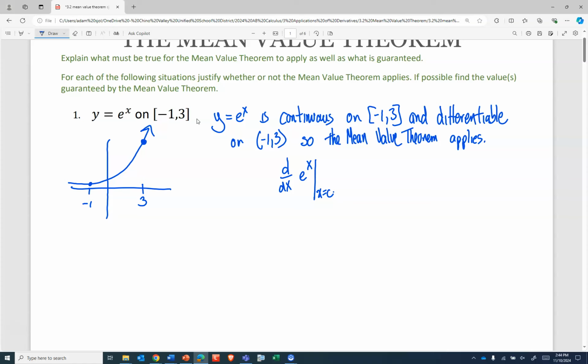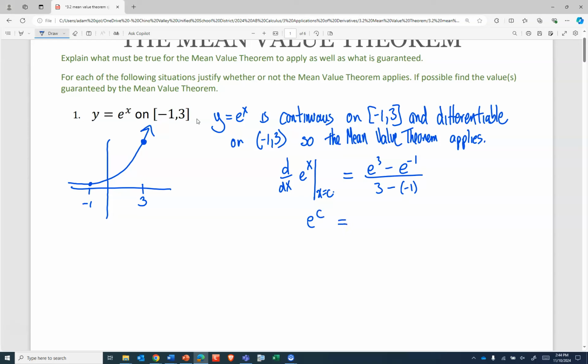And let's see, what's that going to be equal to? That's going to be equal to, you know, we'd like to write f of 3, but we weren't given a function named f, so we're going to say e cubed minus e to the -1 over 3 minus -1.